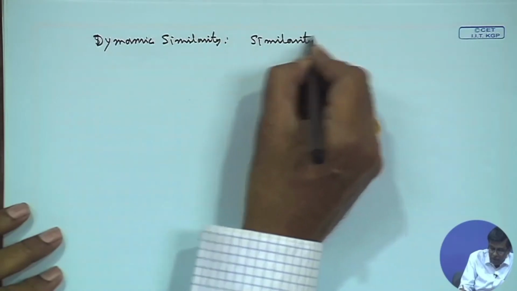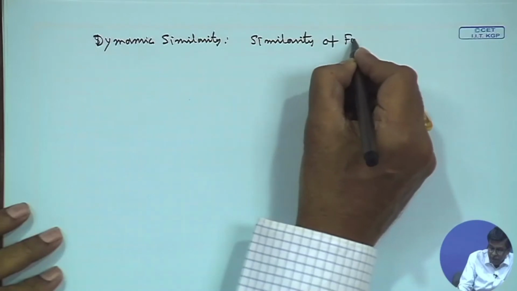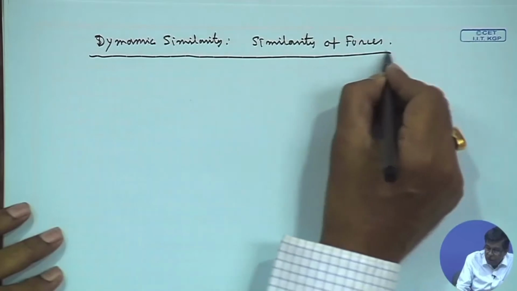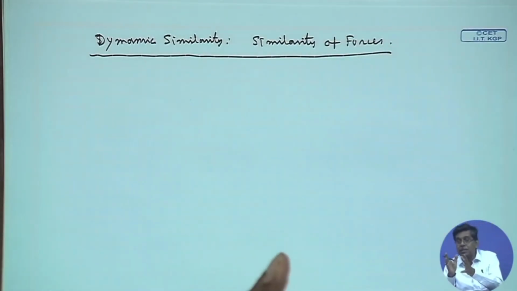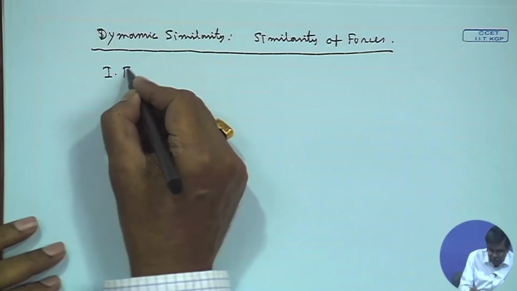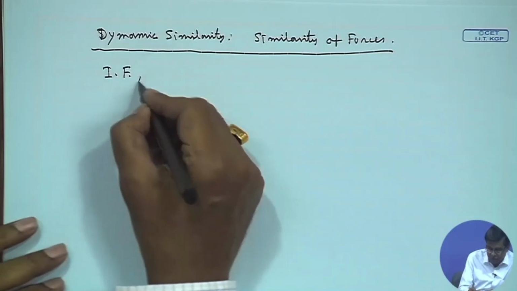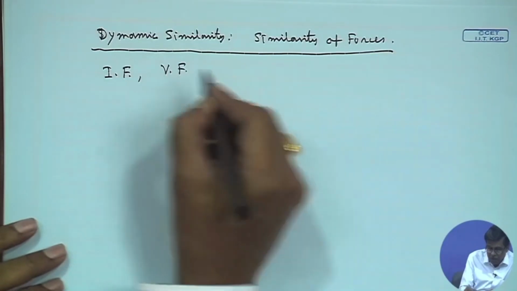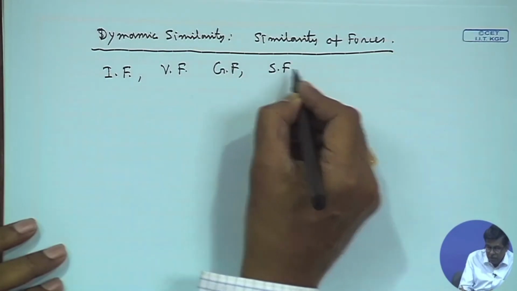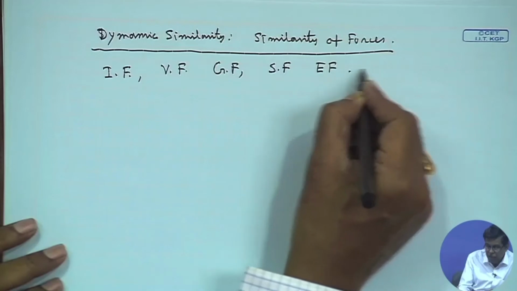Now, all physical problems or physical processes are governed by different forces. Let us consider a few such forces. Inertia force, viscous force, gravity force, surface tension force, elastic force and so on.